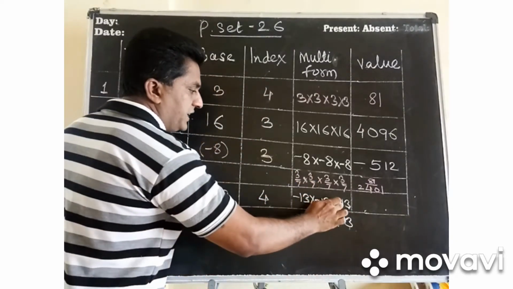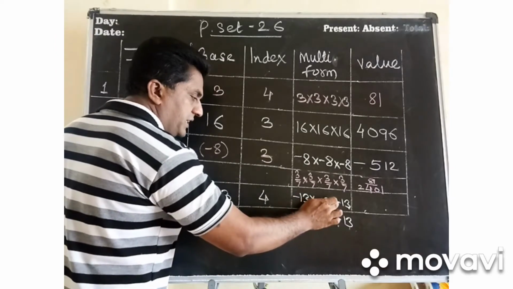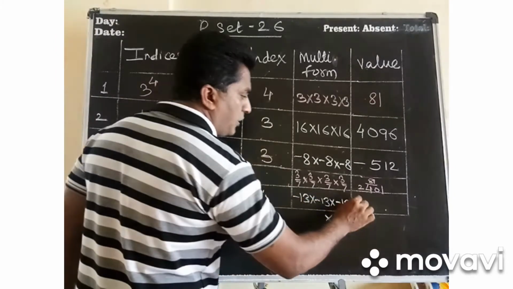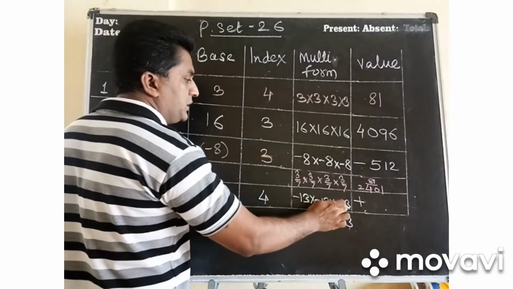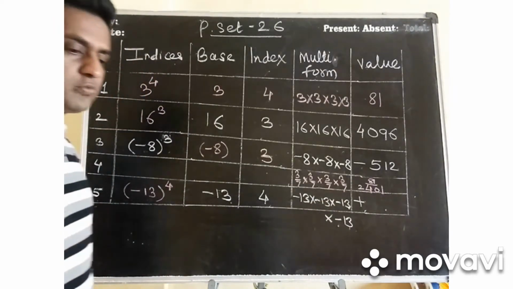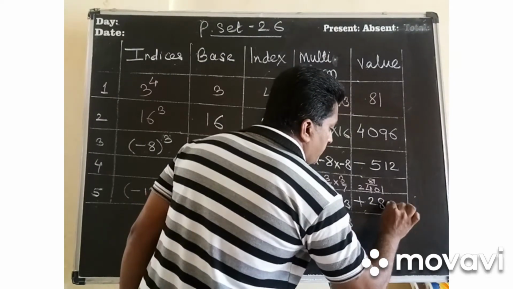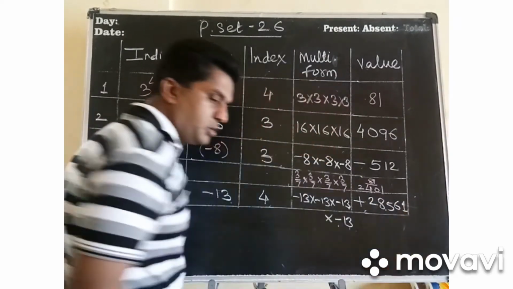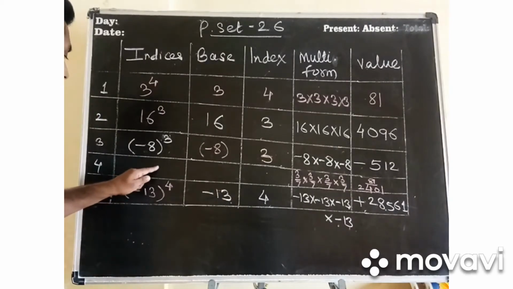Negative into negative, positive. Positive into negative, negative. Negative into positive, negative, positive. And multiply 13 into 13 into 13 into 13. So here your answer will be 28561. This was the fifth one, but the fourth one is remaining.